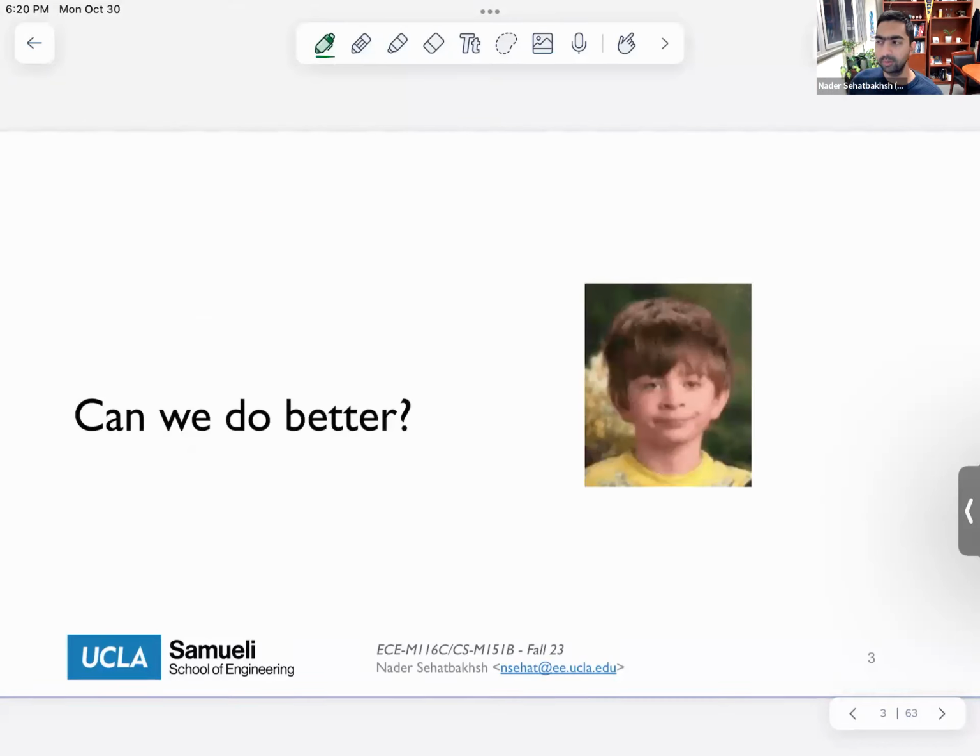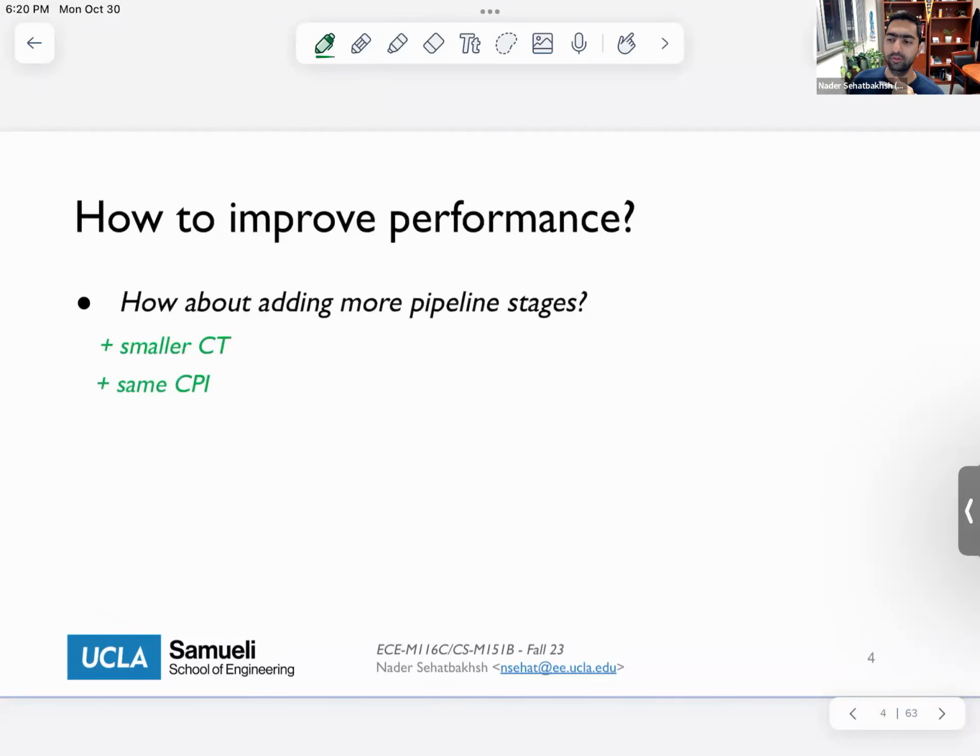So we're going back to the same question that we keep asking in the past 2-3 weeks, and that is, can we do better? Okay. So if you think about the various different options, we had this iron law, which was CPU time equals IC times CT times CPI, right?